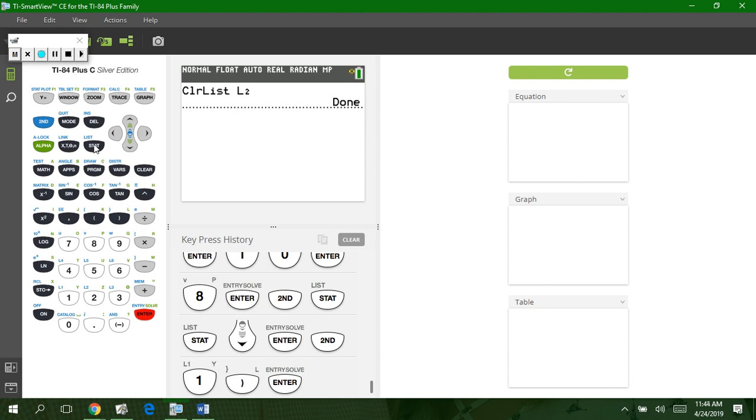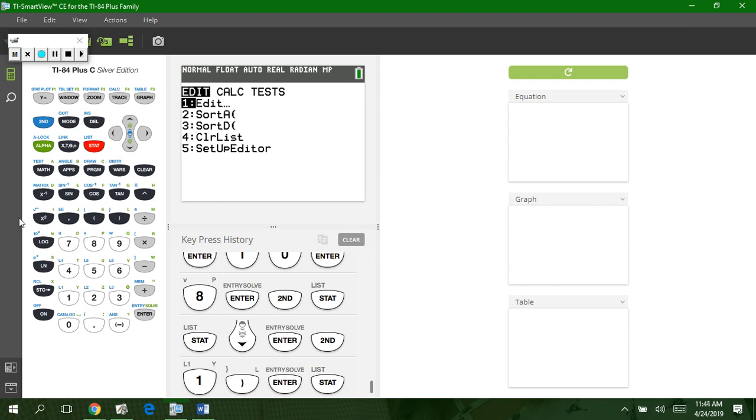If I went back in there and looked at edit, hot dog, we're in ascending order. That's nice because now it's ordered for us. If we were finding our own median, that would take some time, and I always miss a number.